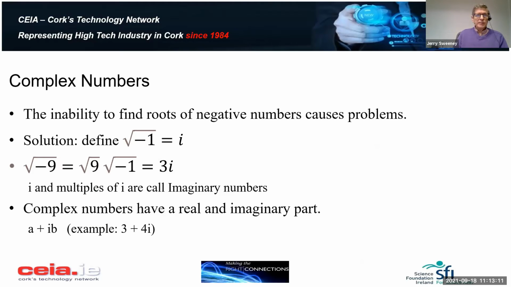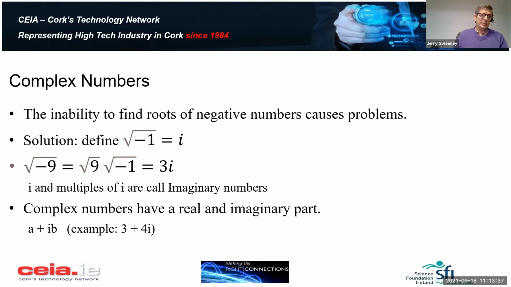So the inability to find roots of negative numbers causes problems, and we solve the problem by creating a symbol for the square root of -1. All imaginary numbers can then be written as a real multiplier of iota, or the square root of -1.